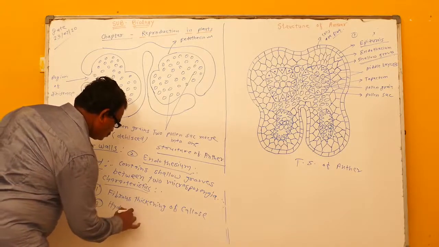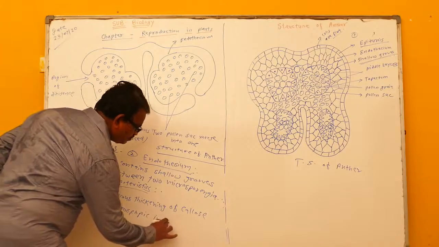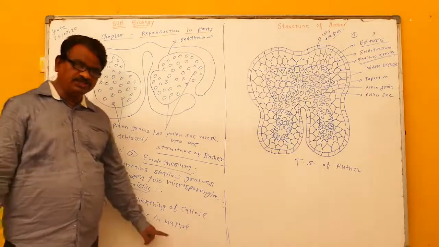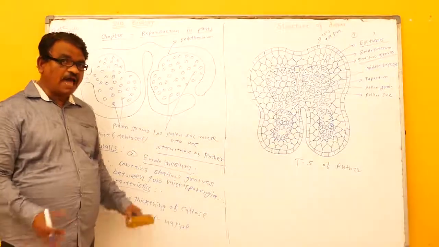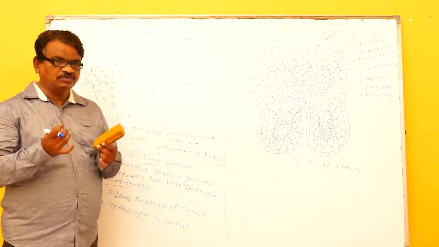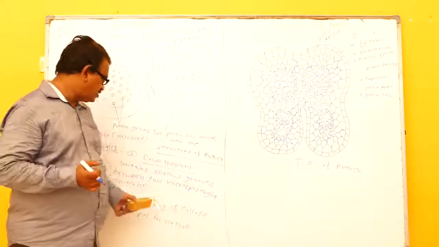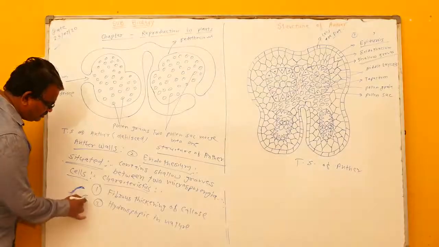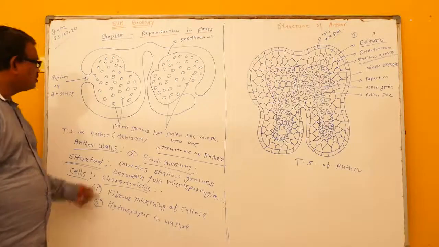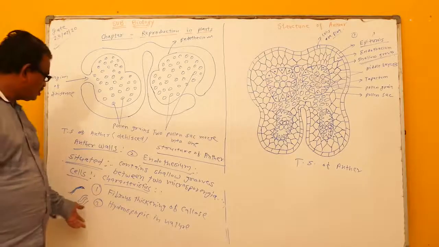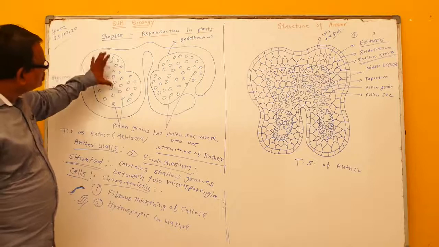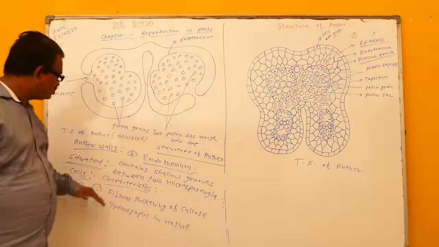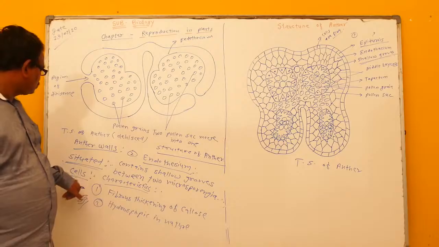Hygroscopic in nature means these walls absorb moisture from the surrounding atmosphere, and this fibrous thickening, first dense, will then be broken down, so that at the time of maturity the wall will be broken down and the two pollen sacs merge into one on each side. So this is the function of these cells.